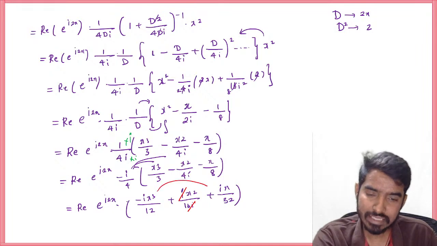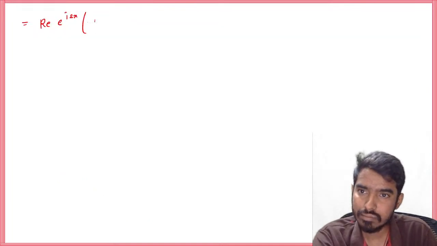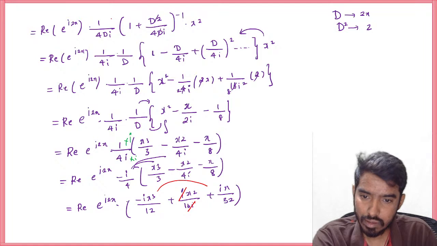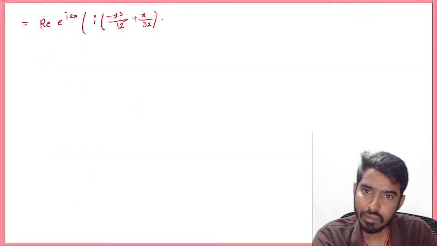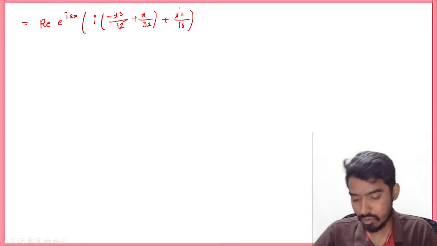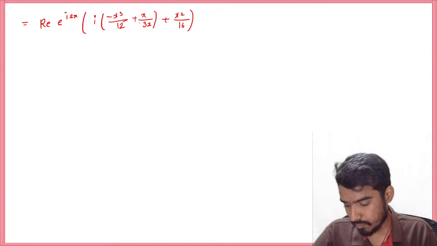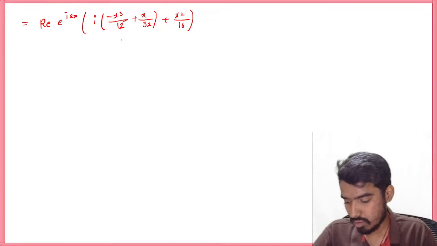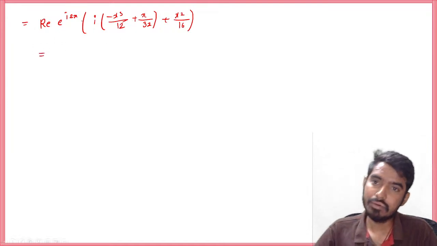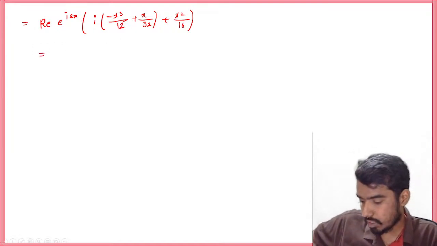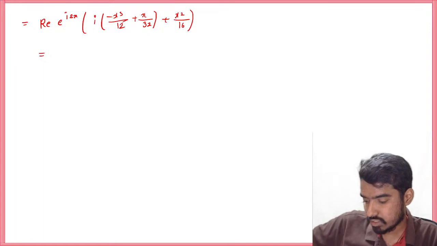So these two are imaginary part. If I take i outside with minus x cube by 12 plus x by 32, this is your imaginary part, plus x square by 16 is your real part, right? Now this is equal to real part of e power ix. We have this term, right?